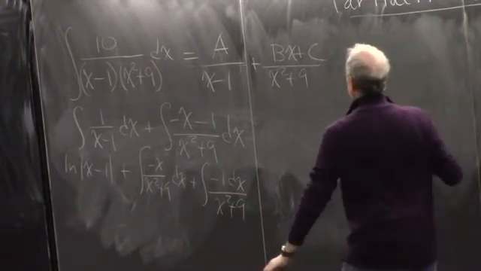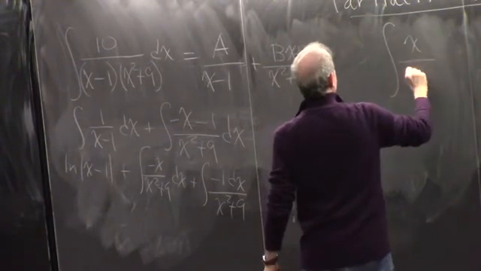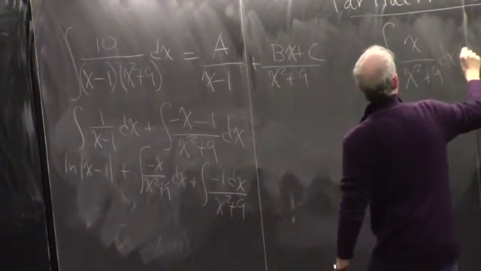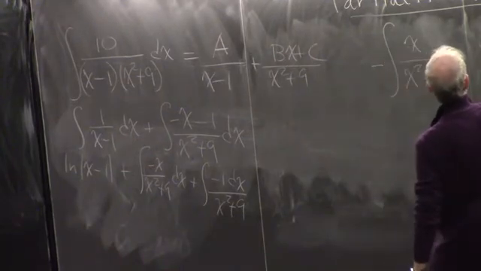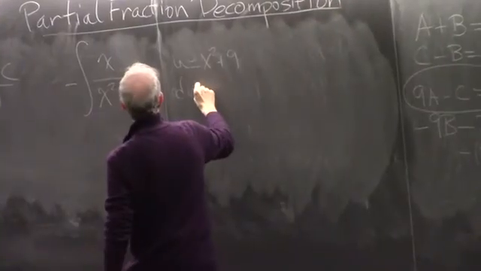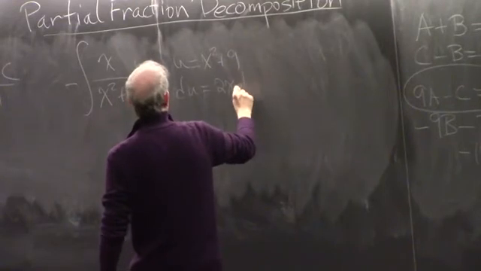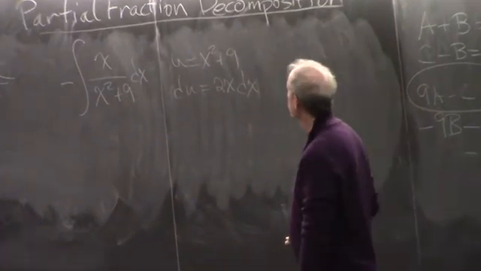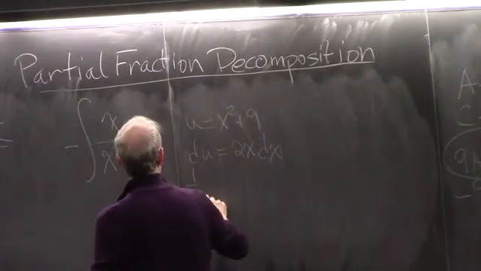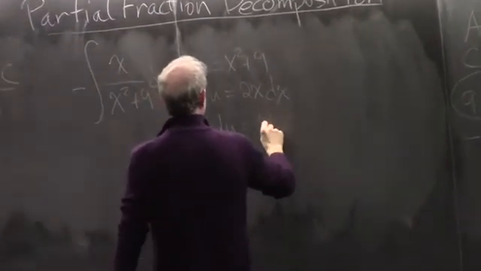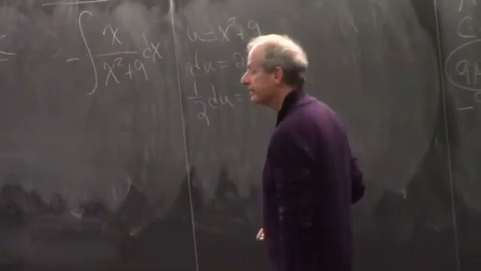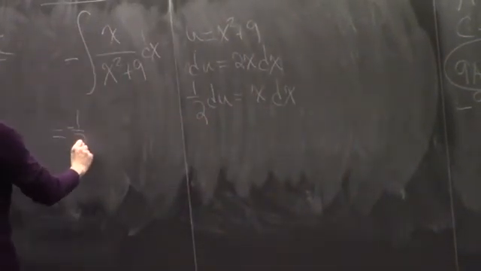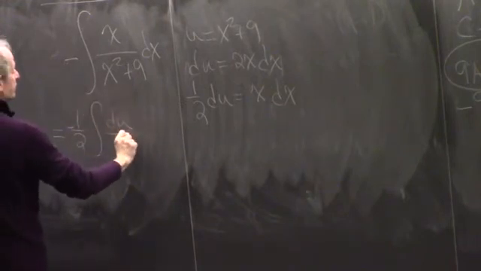Okay, well, the integral of x over x squared plus 9, let u equal x squared plus 9, du is 2x dx. So 1/2 du is x dx. And this becomes minus 1/2 du over u.